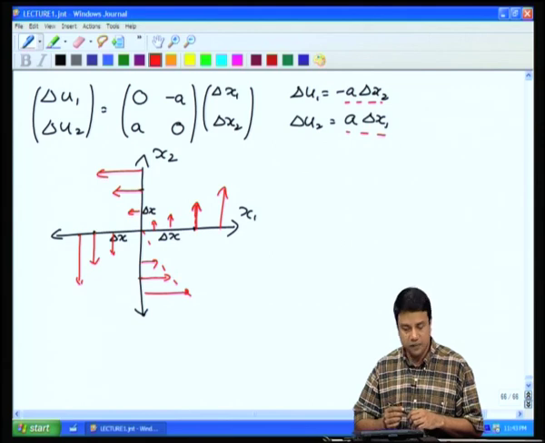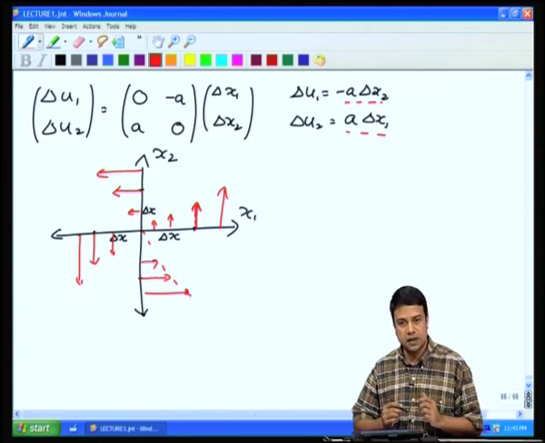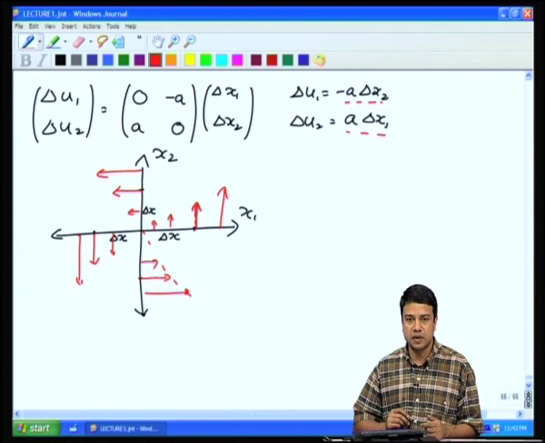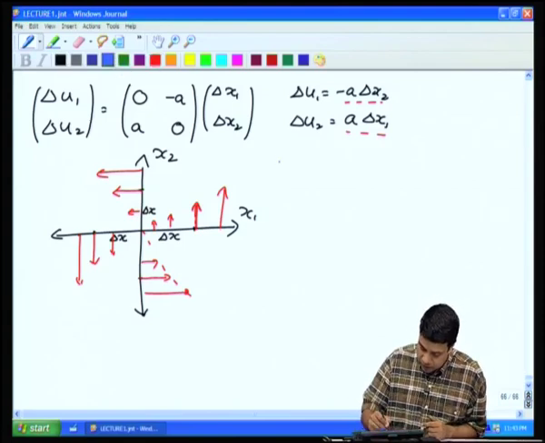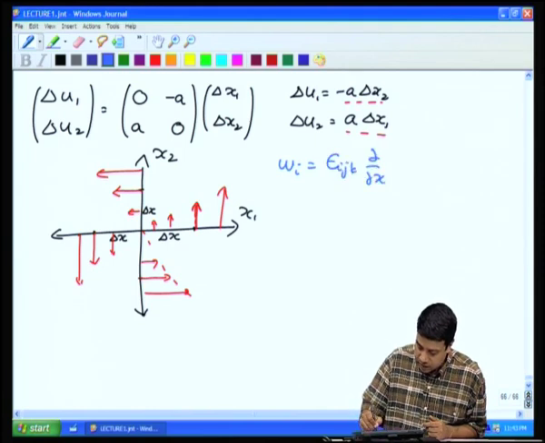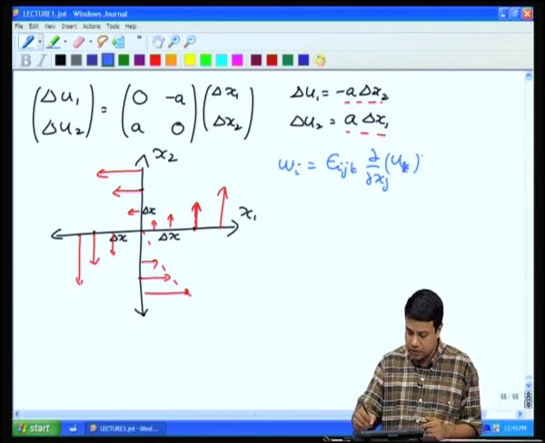In fact, you can relate the antisymmetric part of the rate of deformation tensor directly to the vorticity. We know that the vorticity omega i is equal to epsilon ijk d by dx j of u k, del cross u.